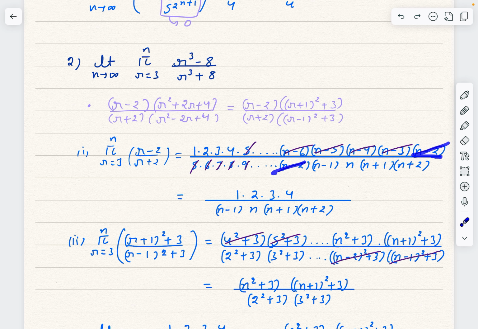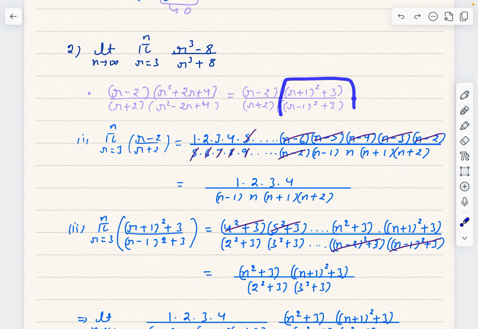So what terms are pending? n − 1, n, n + 1, n + 2. Simply, the difference is 4, so the first 4 and last 4 terms are pending. First 4 will be in the numerator: 1, 2, 3, 4. Last 4 in the denominator: n − 1, n, n + 1, n + 2. I hope it makes sense.